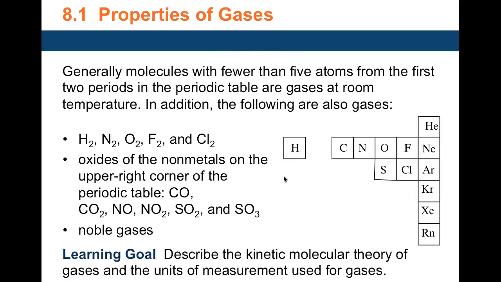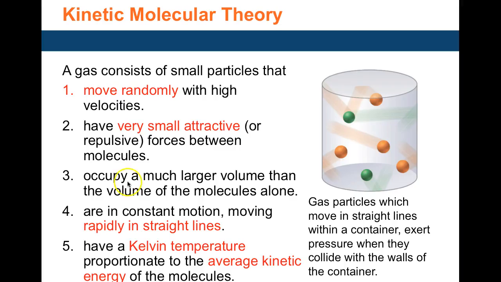And some of the theories or the properties attributed to gases come under the premise of the kinetic molecular theory of gases, which explains the behavior of gases. Okay, so we're going to be learning about what this kinetic molecular theory, abbreviated as KMT, is, and then we look at what the units of measurement of gas pressure are.